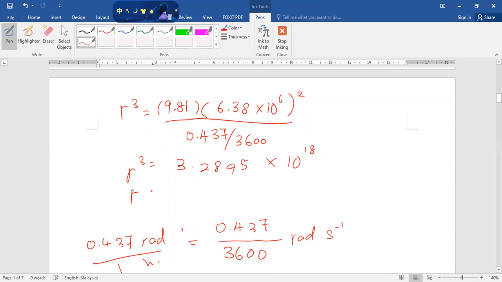So at the end, I get that r is equal to 1.47 times 10 to the power 6 meter.